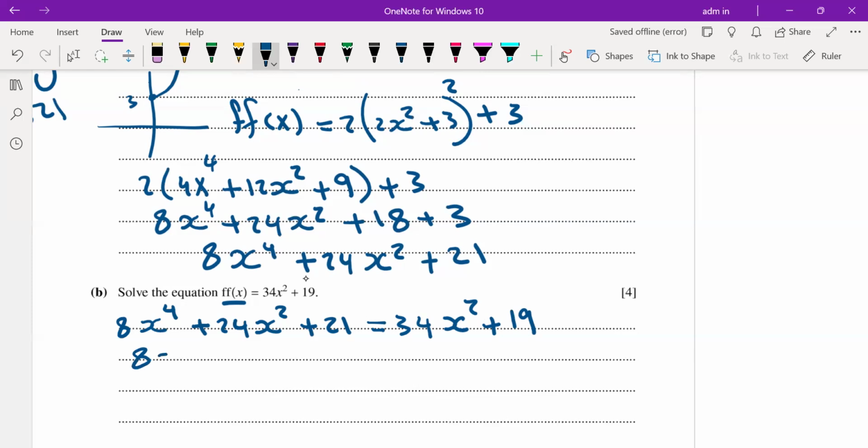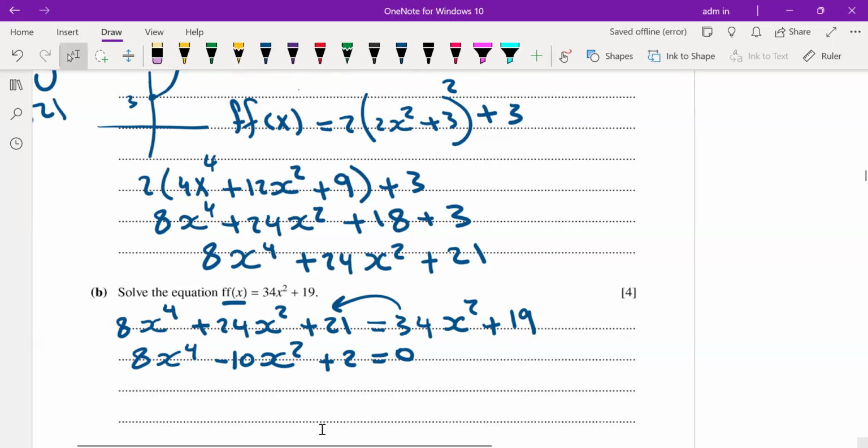So 8x to the power of 4 plus 24 minus 34, sorry, which is negative 10x squared. When you move this side to the other side, 24 minus 34 is negative 10x squared. Then 21 minus 19, which is positive 2, is equal to 0.